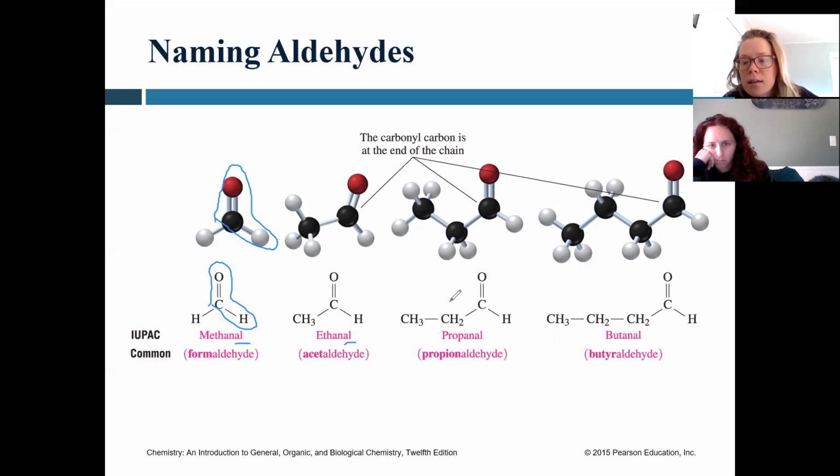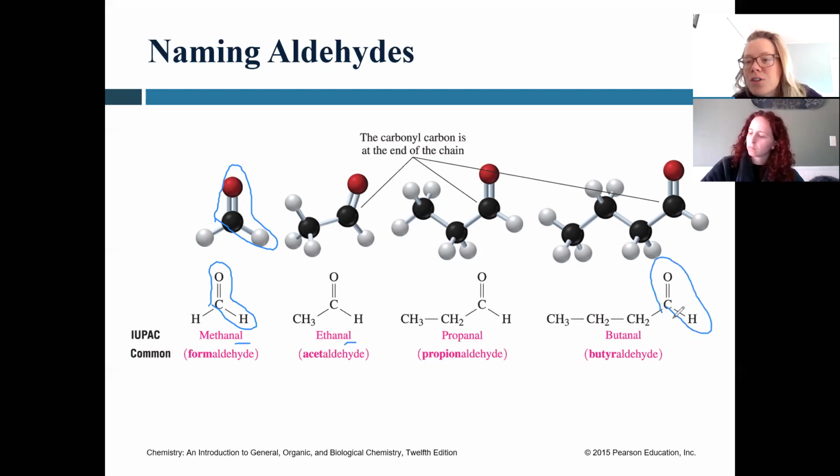4 carbon chain, usually this is like our cutoff, right? Where if we have 3 or more, we have to start numbering where these functional groups are. But I don't have to do it for aldehydes. Here's a 4 carbon chain. There is my aldehyde group. It's always going to be at the end. So I don't need to say 1-butanal because it's always going to be on carbon 1.